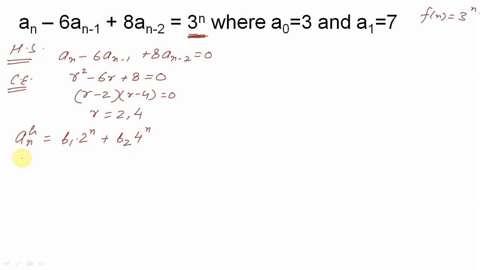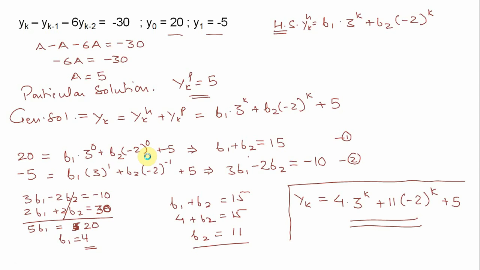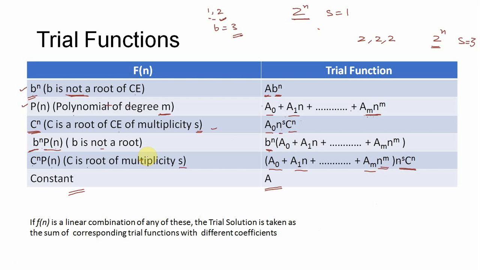Now next we have to find the particular solution. For particular solution, now fn is equal to 3 to the power n. Now let's go back to the table. Now 3 to the power n, the roots are 2 and 4, and the function is of the form b to the power n.